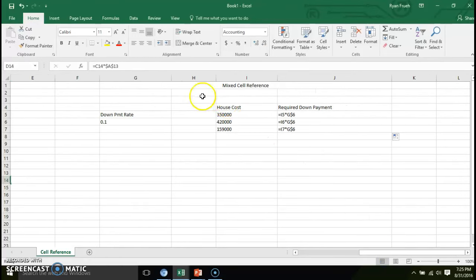Moving over to the third table that I have created, this is an example of a mixed cell reference. Again, this is very similar to the absolute cell reference. I changed a couple of numbers here just to illustrate the difference.